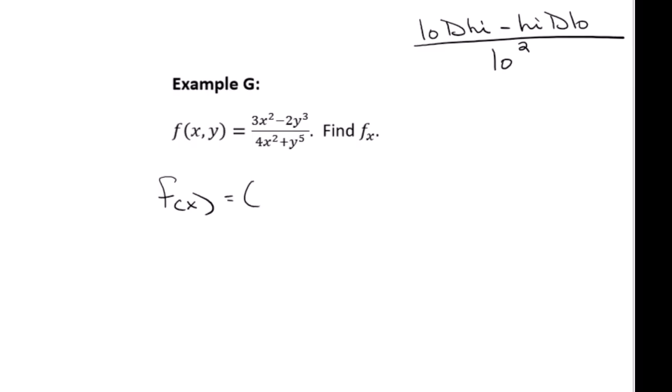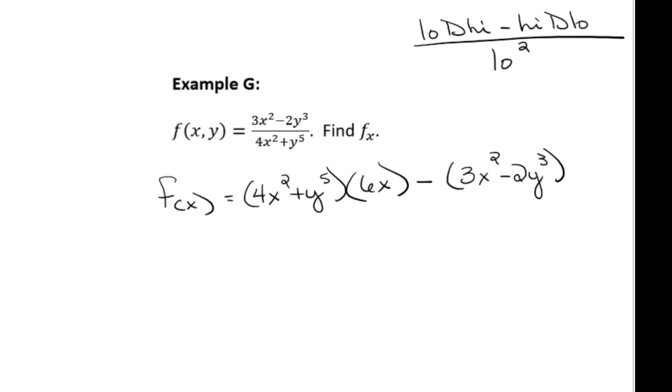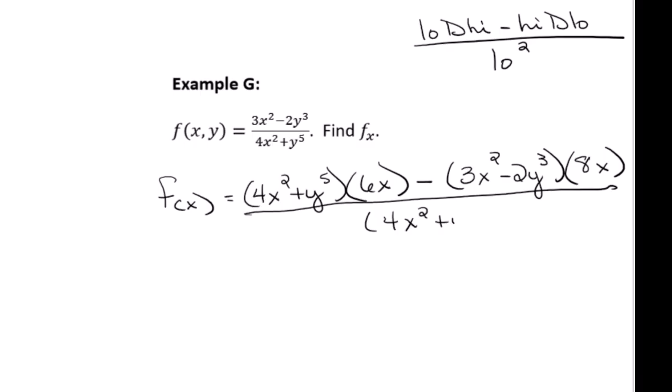So we take our denominator, 4x squared plus y to the 5th, times the derivative of the top with respect to x, which would give us just 6x, minus the top, 3x squared minus 2y cubed, times the derivative of the bottom with respect to x, which is 8x, all divided by the bottom squared. The quantity 4x squared plus y to the 5th squared.